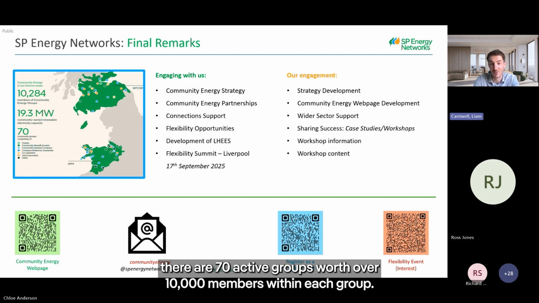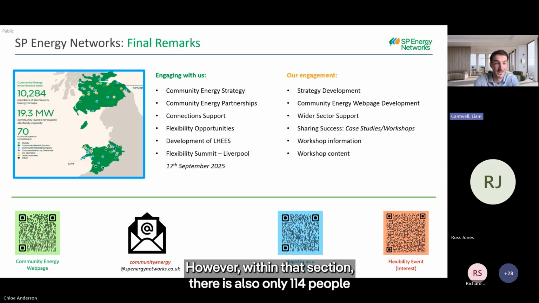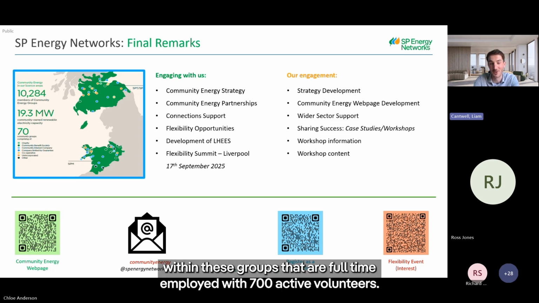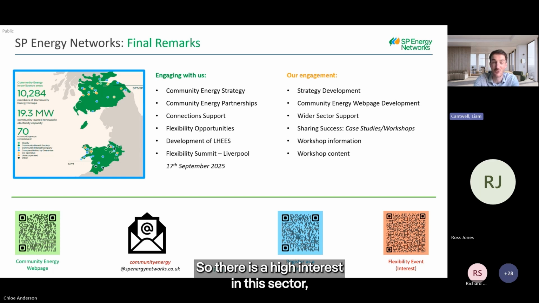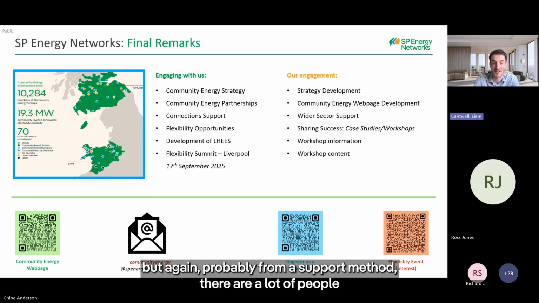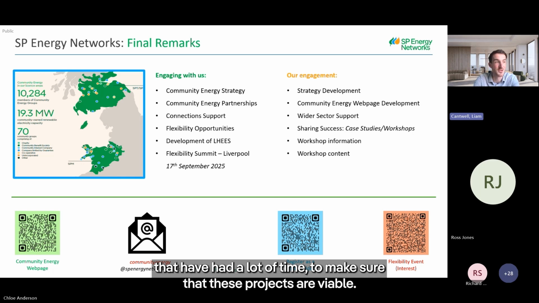Within that area, there are 70 active groups with over 10,000 members within each group. However, there are only 114 people within these groups that are full-time employed, with 700 active volunteers. So there is a high interest in this sector. But again, from a support method, there are a lot of people putting in a lot of time to make sure that these projects are viable.